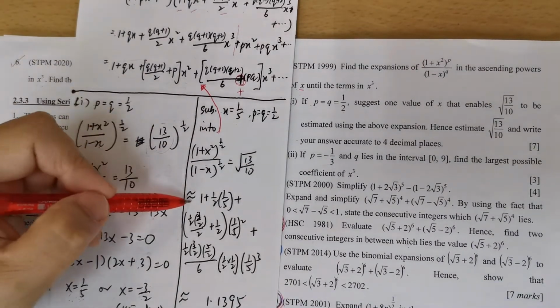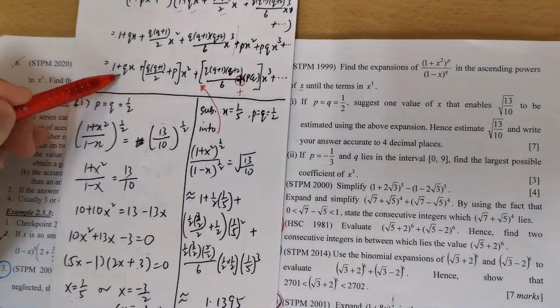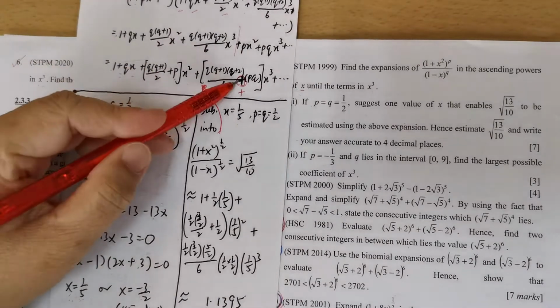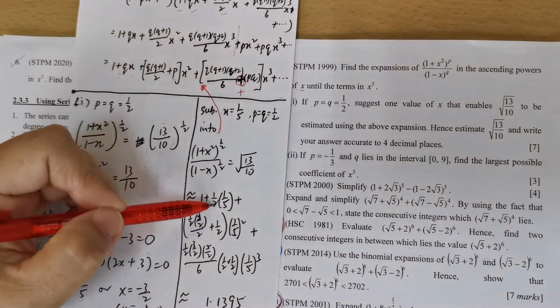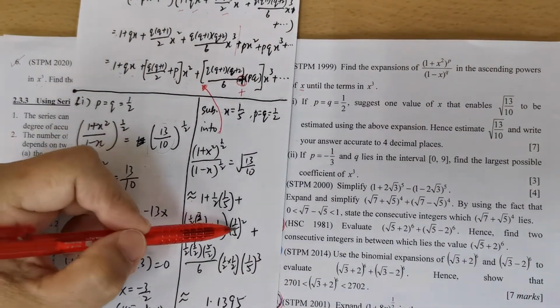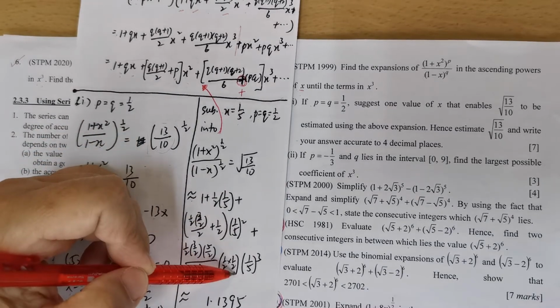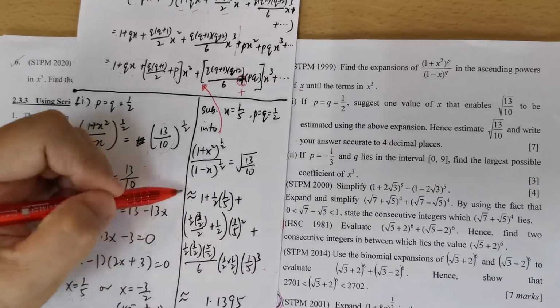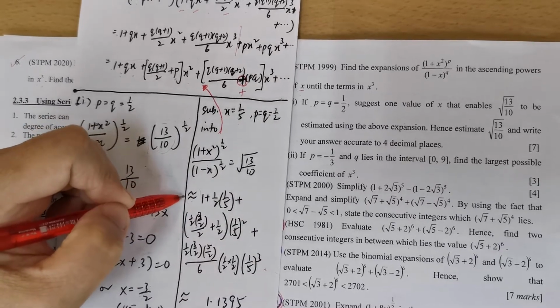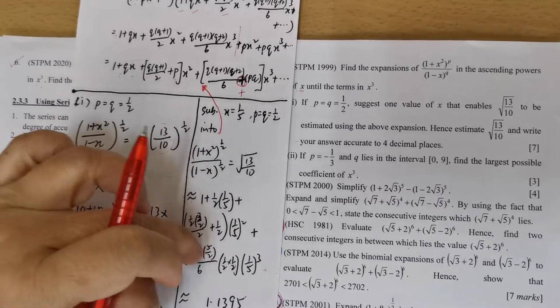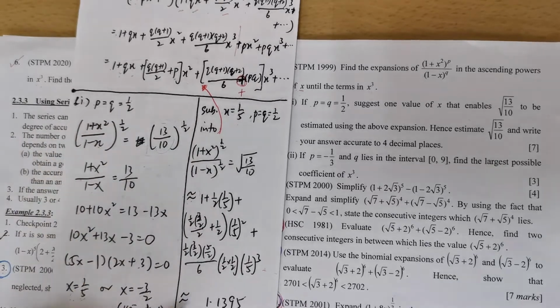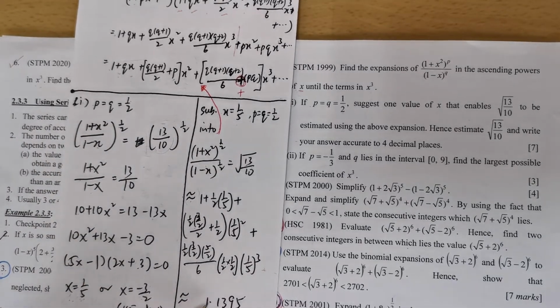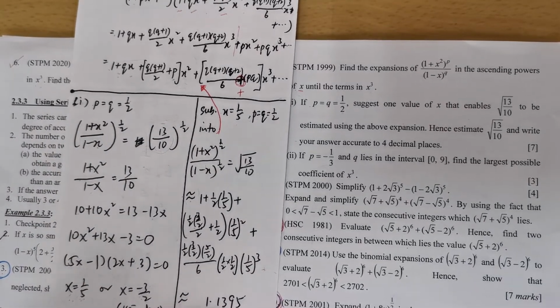Alright, and it is approximately these 4 terms. Just sub in all your x and p and q. So you see I don't write the symbol plus dot dot dot because I use the approximate sign already. After you use your calculator, to 4 decimal places, your answer is 1.1395.